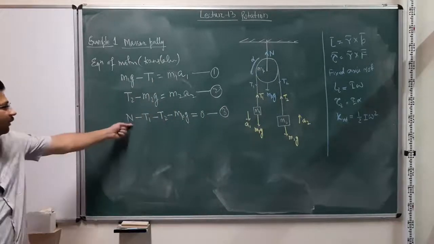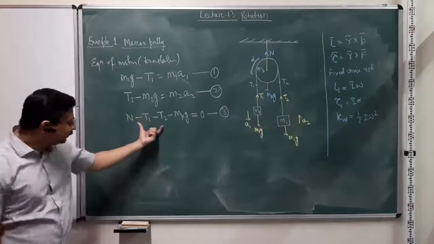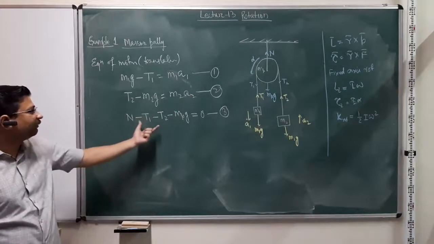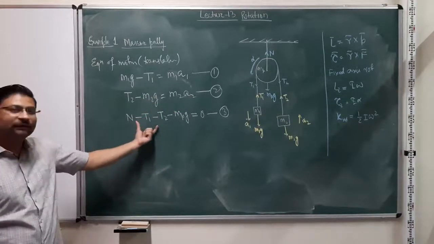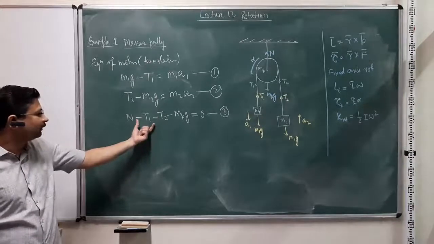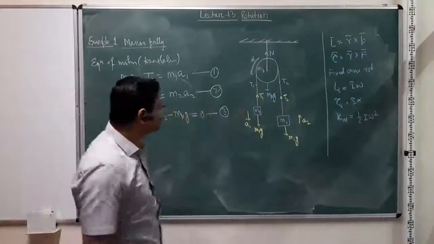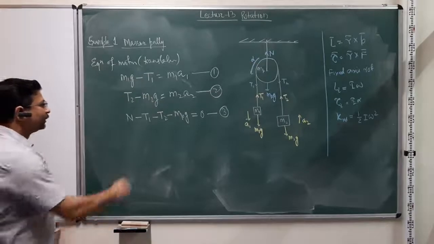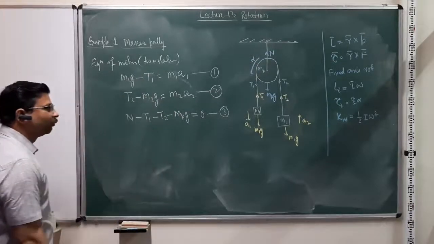So this is for the pulley, and we'll see that if you start solving for acceleration A1 and A2, then this equation is actually a redundant equation, because there is no motion involved there, right? It just balances all these 4 quantities.